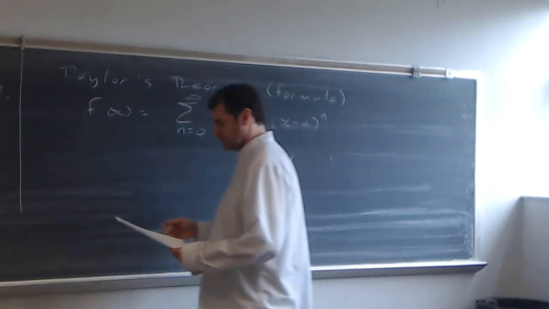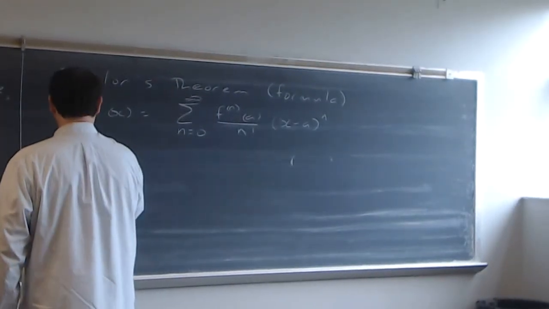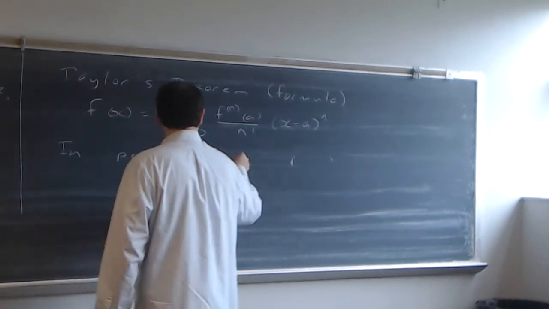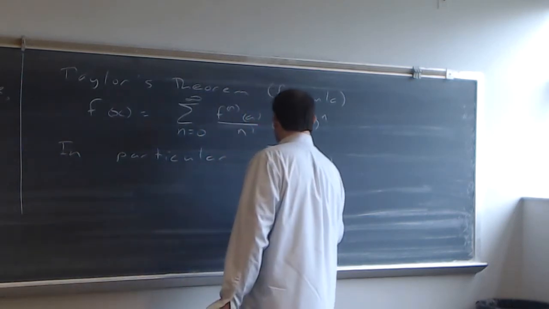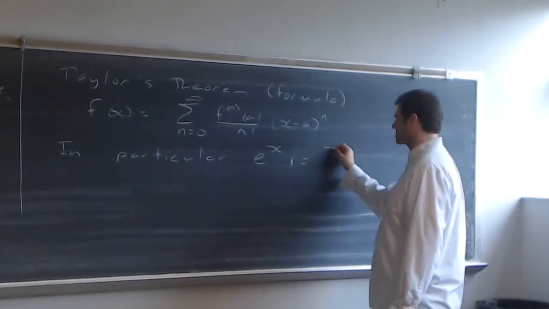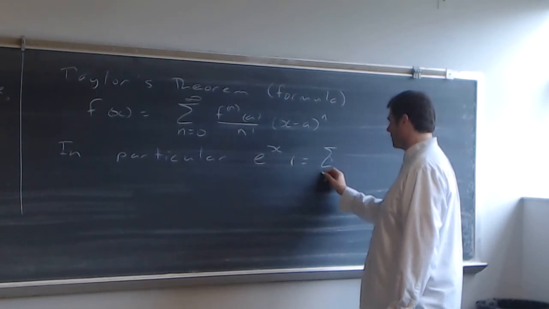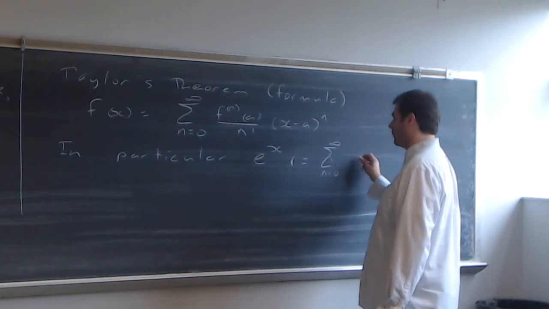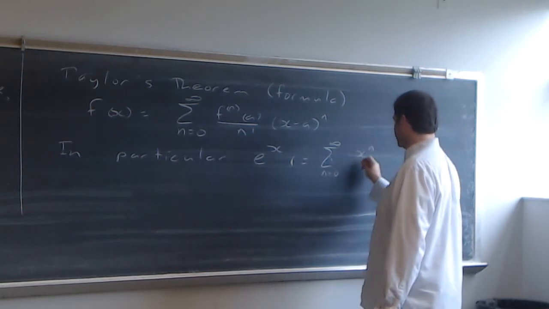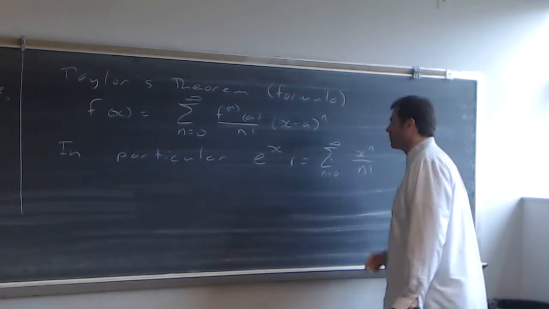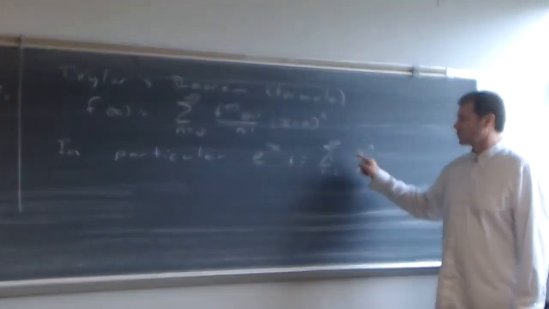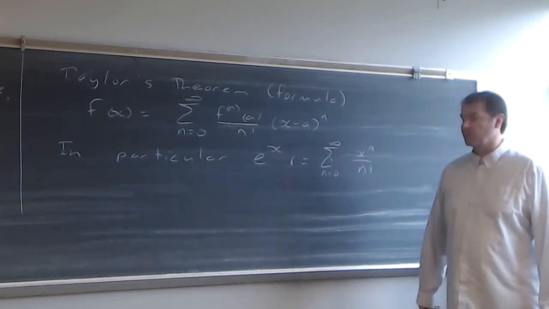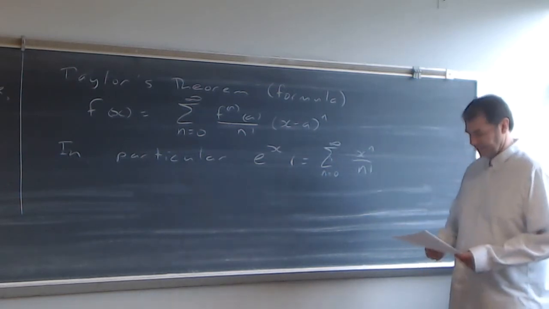Now in particular, it turns out that e to the x does have a power series representation. And what it looks like is the sum as n runs from 0 to infinity of x to the n over n factorial. Okay? And in this particular representation for the function e to the x, we're having the a value be equal to 0. So that's what we get.